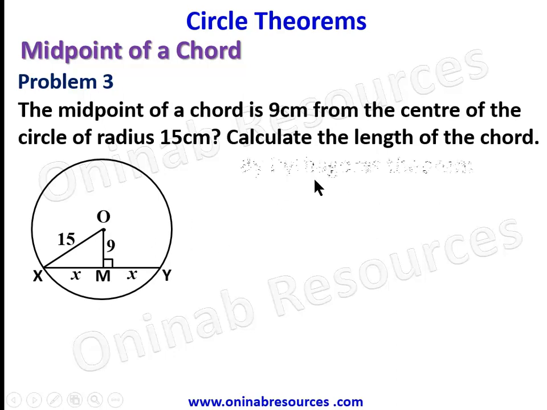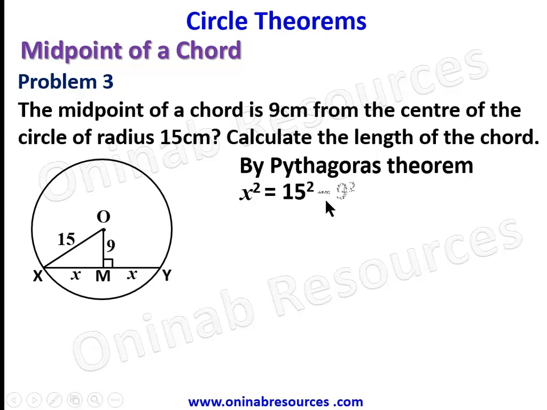By Pythagoras theorem, this is the hypotenuse, so we are looking for the other side. So x squared equals 15 squared minus 9 squared. 15 squared is 225 minus 81. 225 minus 81 from your calculator gives 144.